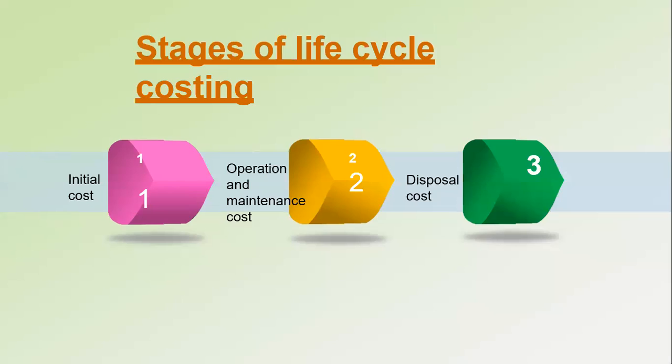Sometimes all things are running well, sometimes some machine stops working and certain repair is required, that repair and maintenance cost. So this operation cost and maintenance cost is calculated at the time when the operation is going on.